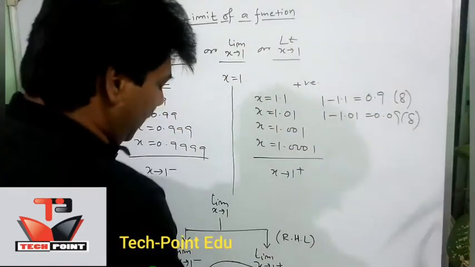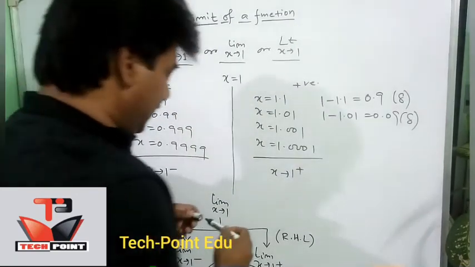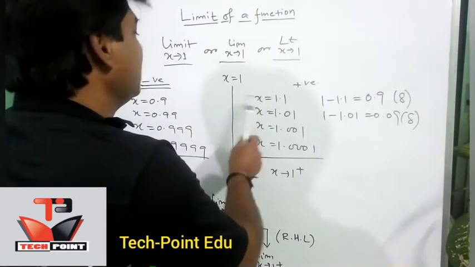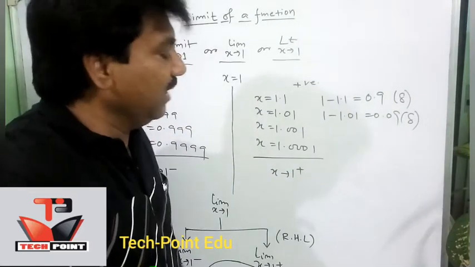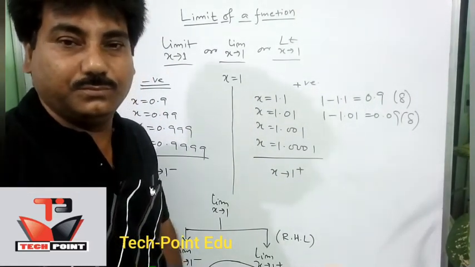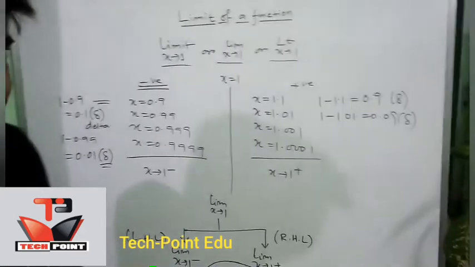And one important thing, the modulus of x minus 1 should always be less than delta. That means the gap you are taking between the points should be as small as possible. That is very vital. Try to understand all things.